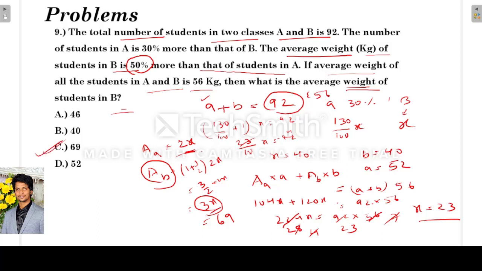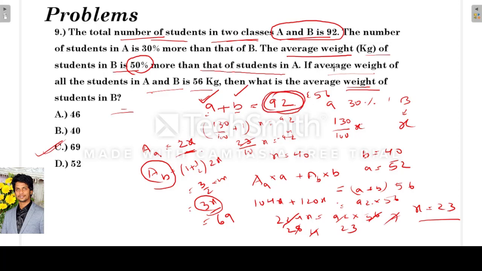So I will explain this question again because it is a little complex. First they are telling total number of students in two classes A and B is 92. So I am taking number of students in class A as small a and number of students in class B as small b. So a plus b is 92.